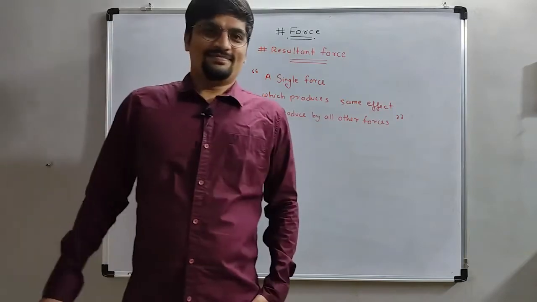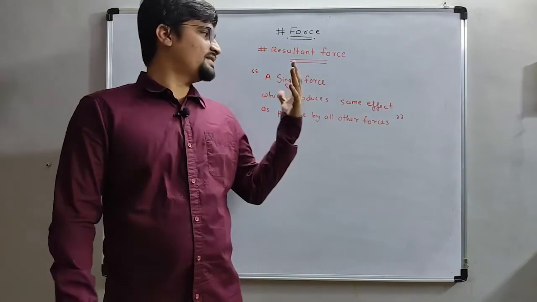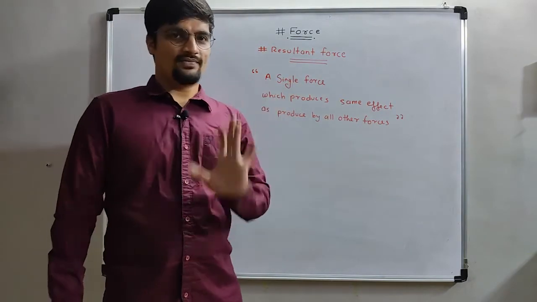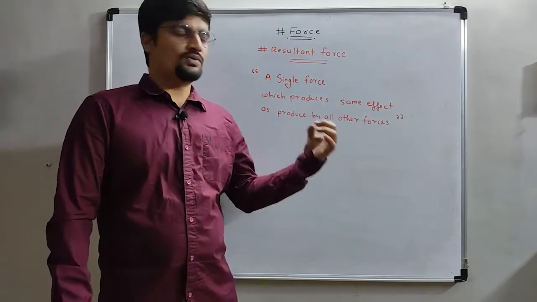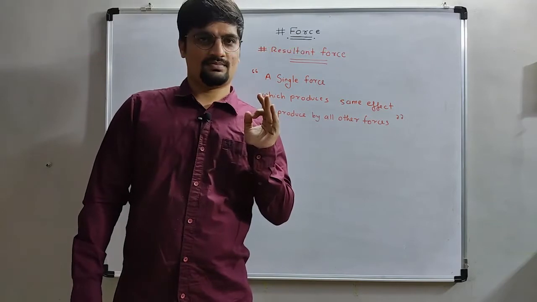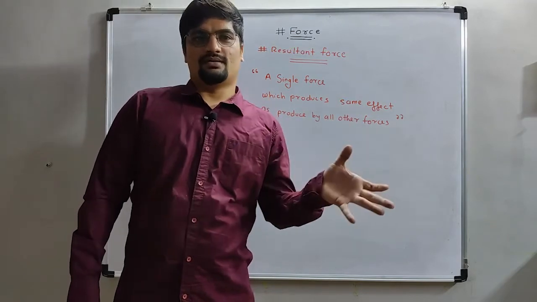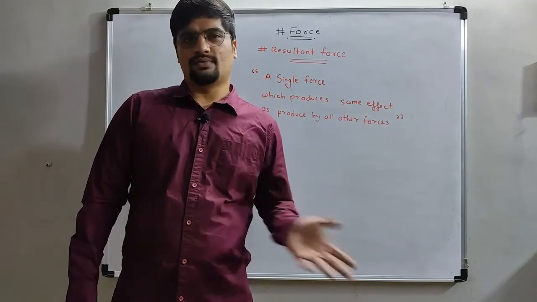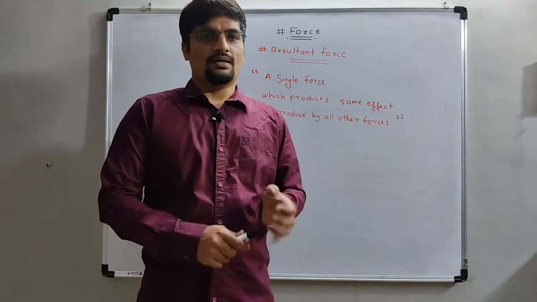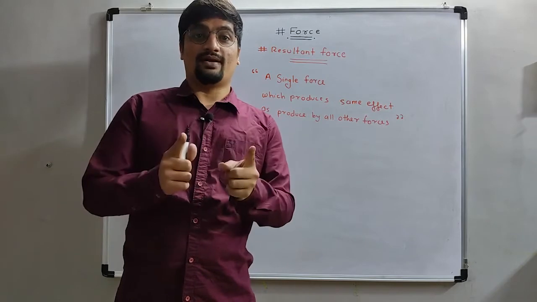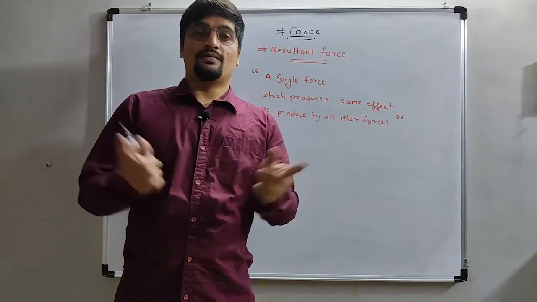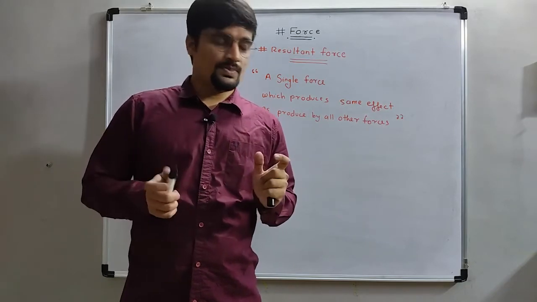Resultant force. It states that a single force which produces the same effect as produced by all other forces. One element consists of different types of forces. But the resultant is that one force which produces the same effect that all other forces together produce.